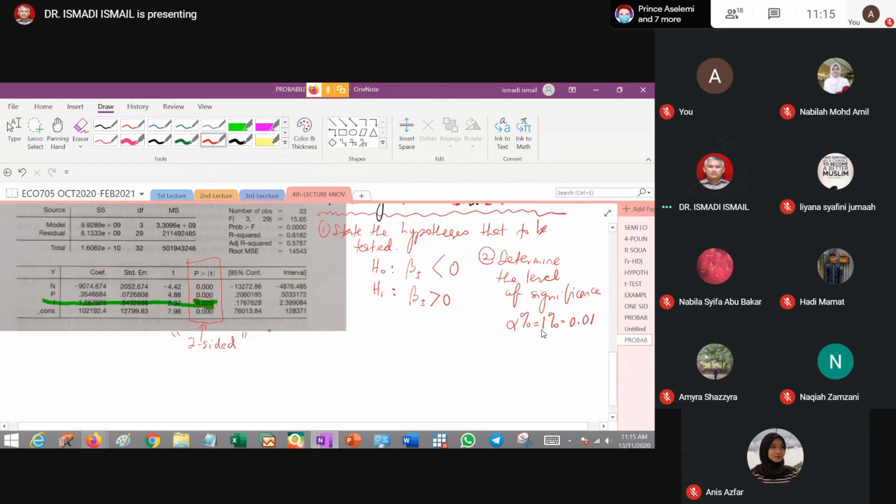Then decision rule. Here the probability value of the t statistic for variable I in brackets one-sided.